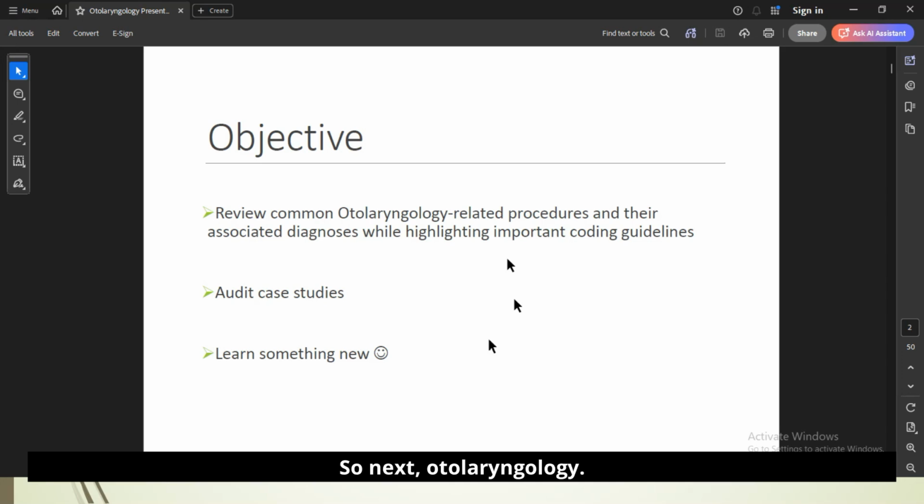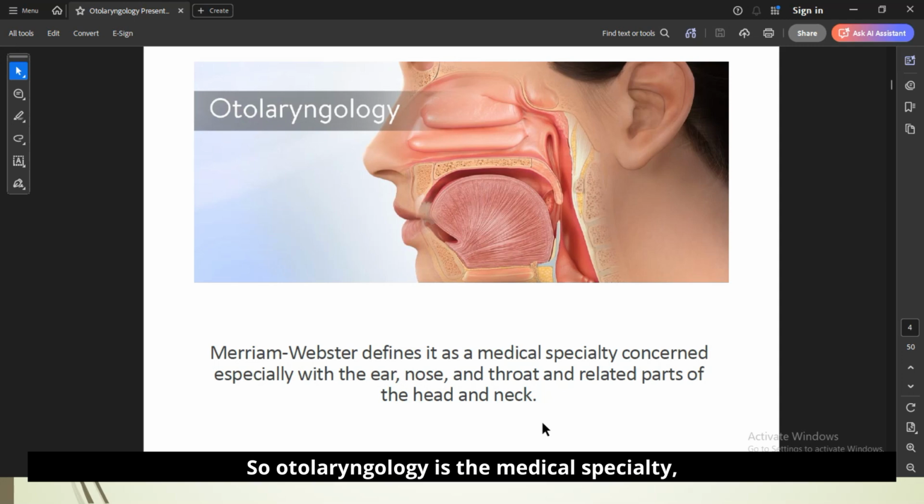Next, otolaryngology. So what is otolaryngology? Otolaryngology is the medical specialty concerned with the ear, nose and throat and related parts of the head and neck.